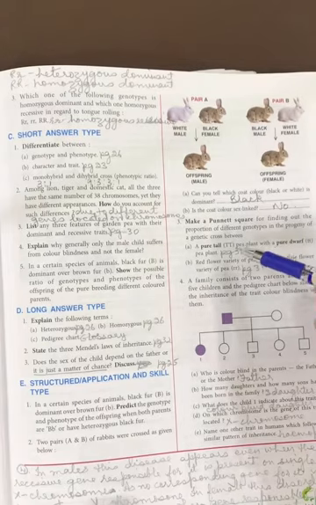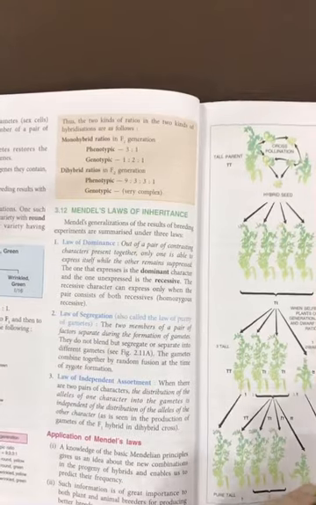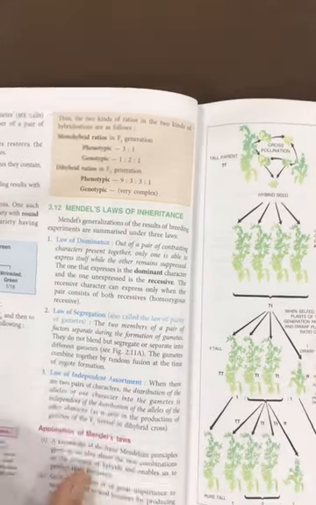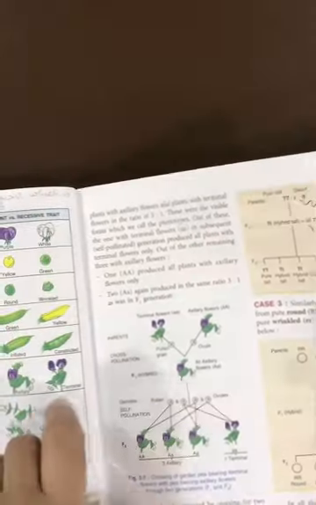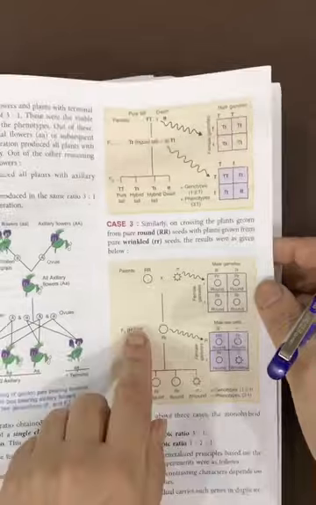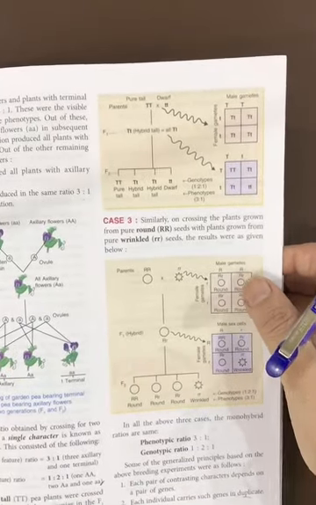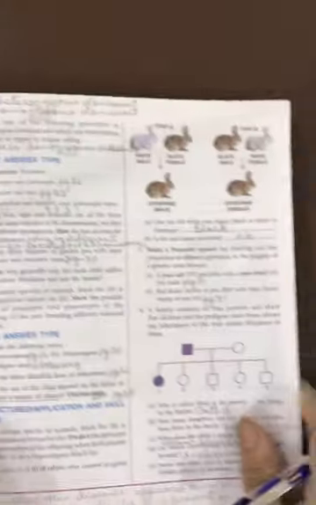So very clear it is. On page 31 it is given. This one, pure tall, and the next is also given, the round ones and wrinkled ones. So both the questions given here are on page 31.